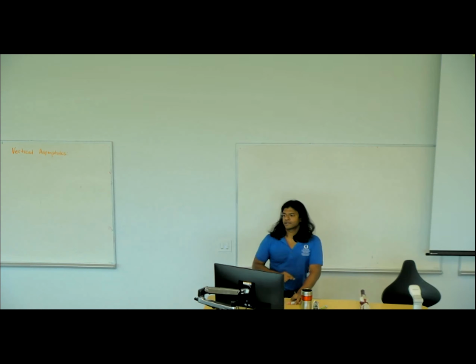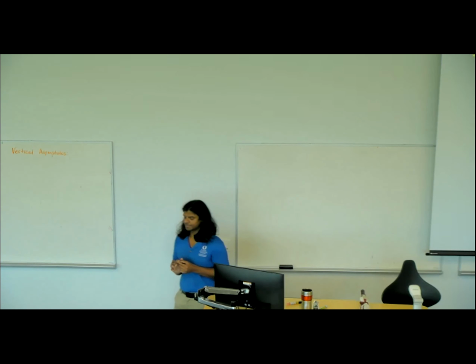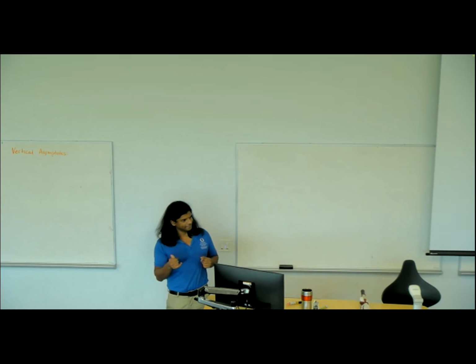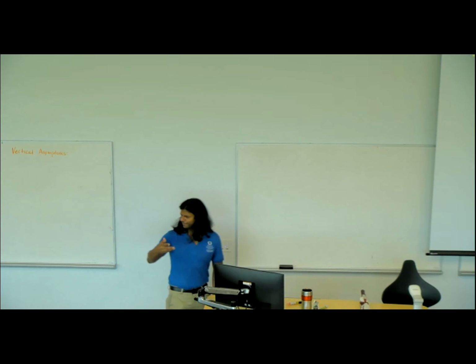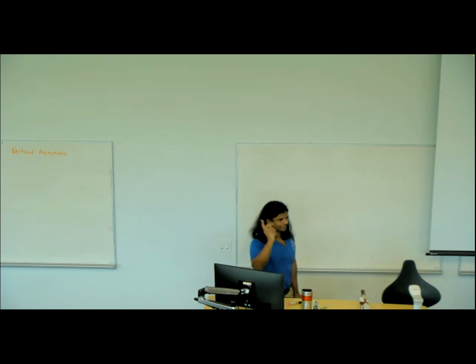So last time when we were talking about horizontal asymptotes, I used the word infinity and I said something else. Look at your notes. I wrote something in each case, and in one we said infinity something.